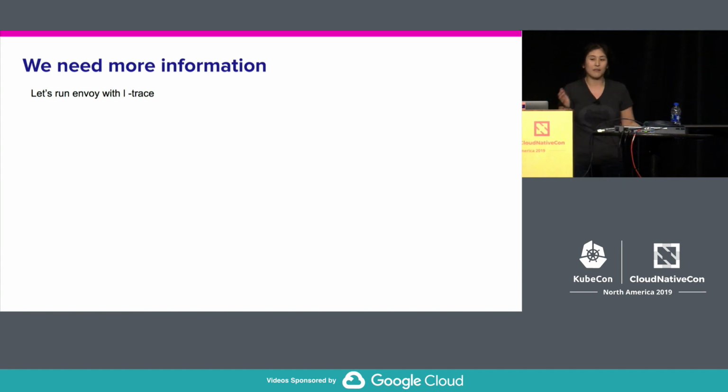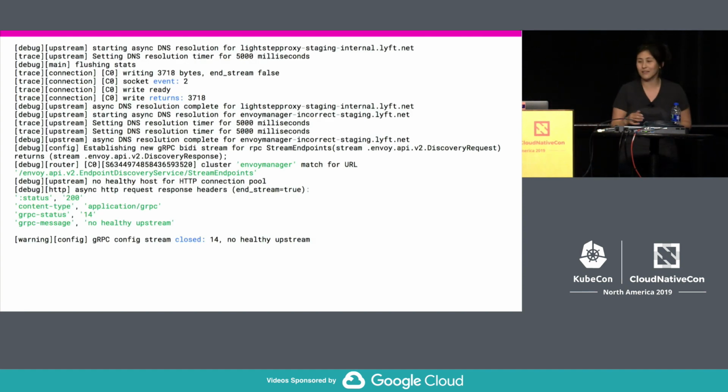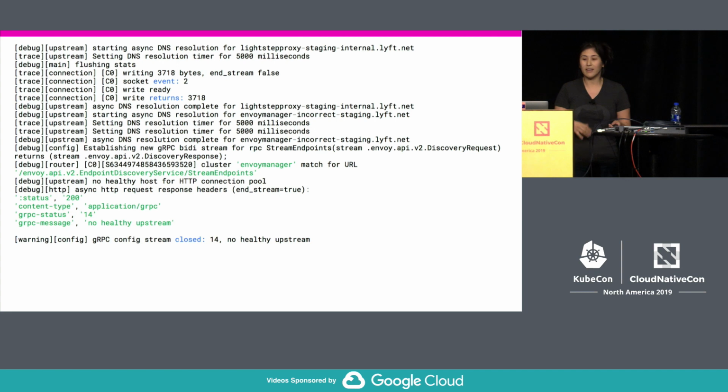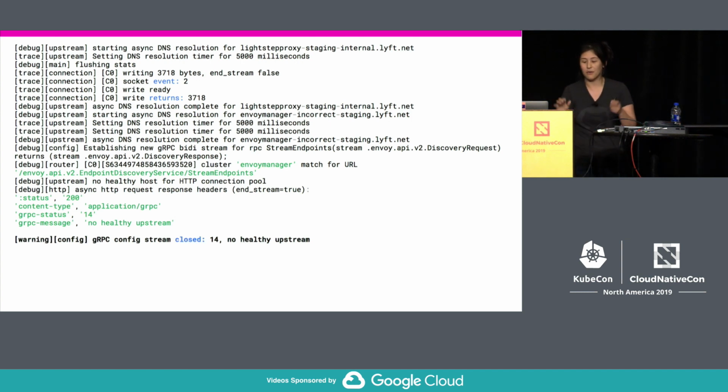So let's just try running Envoy with trace level logging. I concatenated a lot of the data here, like the timestamps and the code line where this log is emitted, just so it'll fit on the screen. But it gives you a lot of information. It gives you debug logs as well as trace level logs. And we see that warning again, so that gives us a form of reference.